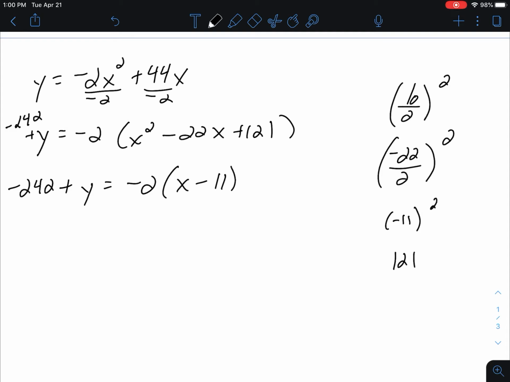And then I already know that's a perfect square trinomial, which is going to be x minus 11 squared. And then last thing left to do is just add that 242 over. And now you are in vertex form.